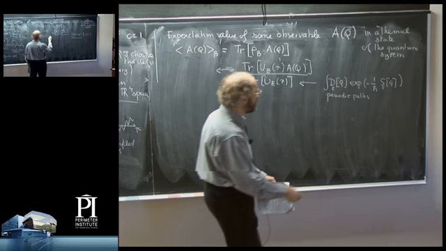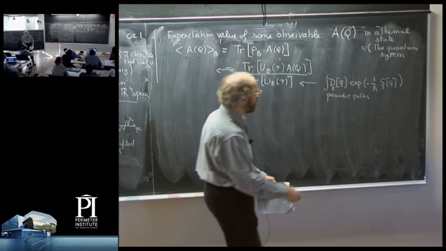Simply, you multiply by the function A of Q of, let us say, sigma equals 0.